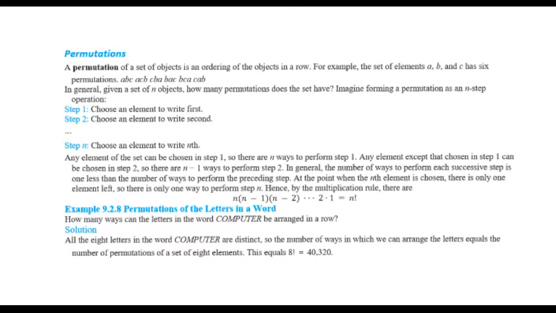So for step number 2, you cannot choose that element that is chosen in step 1, so you have only n-1 different ways to perform step number 2, and then when you go to the next step, the number of ways to perform the next step becomes 1 less than the number of ways that you can do the current step, correct?